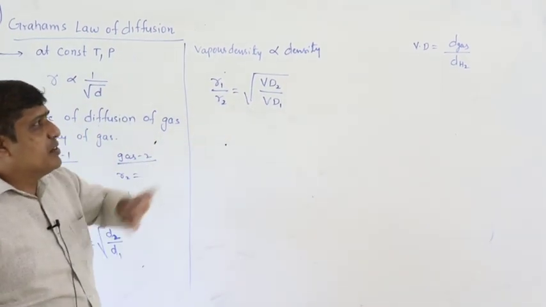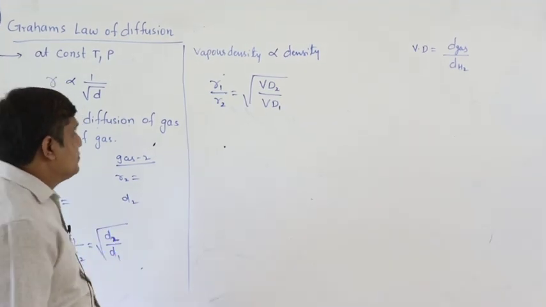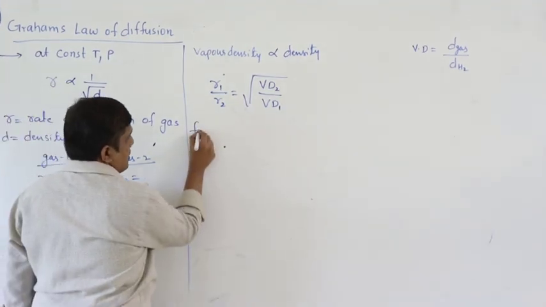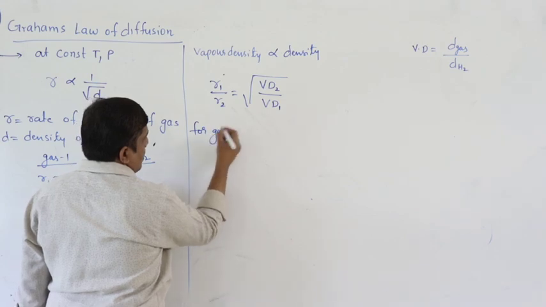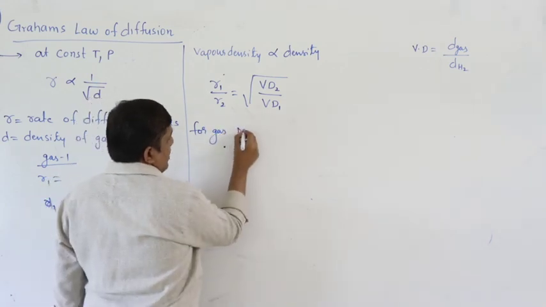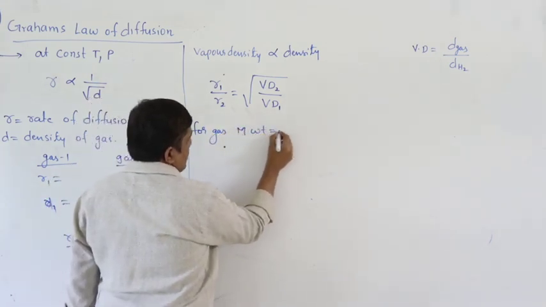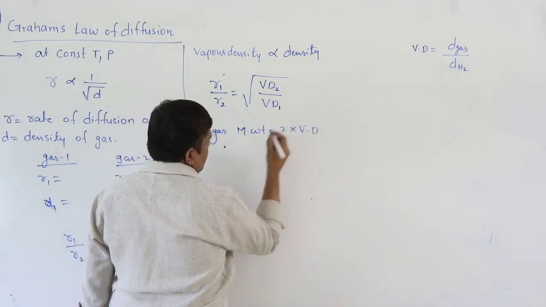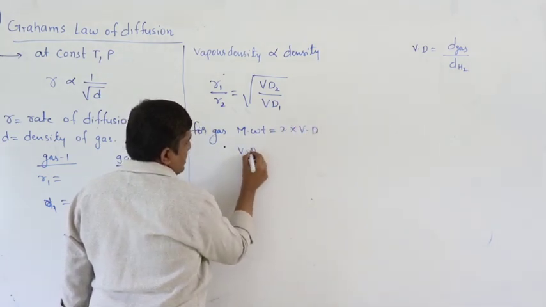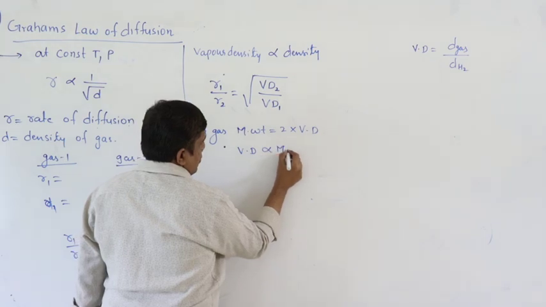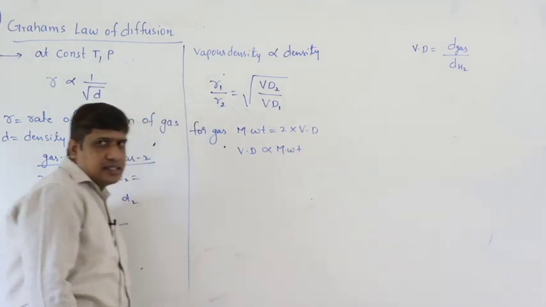Hydrogen is common for all gases, so it is taken as reference. Next, molecular weight of a gas is equal to 2 into its vapor density, or vapor density of a gas is proportional to molecular weight of the gas.